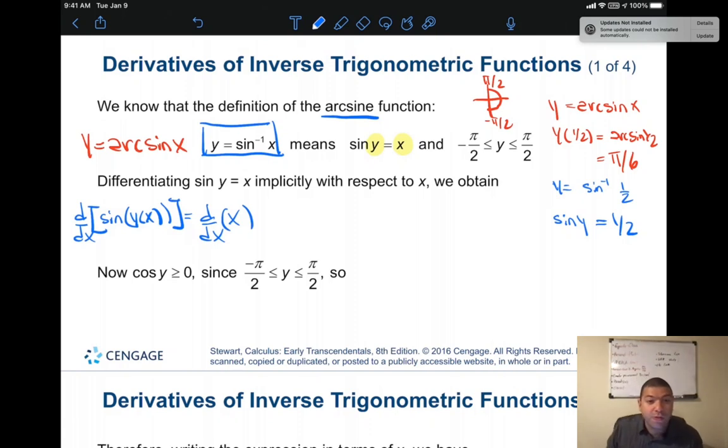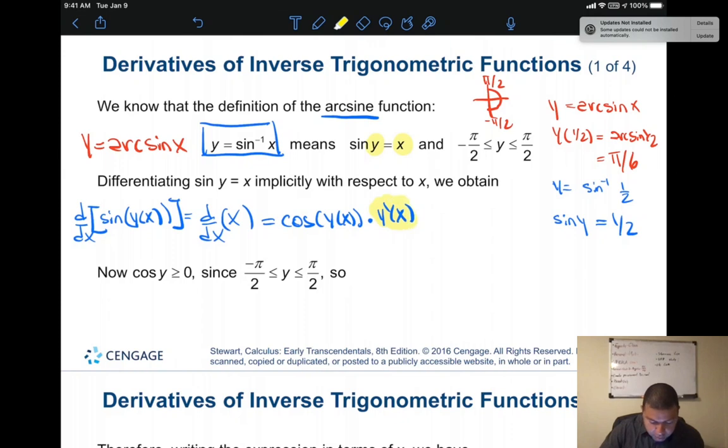And now I have to use the chain rule. So let's see if you're good with that. I have to go d/dx of sine. The derivative of sine is cosine, so cosine of y of x times the derivative of y of x, so y prime of x, and that's the gold right here.